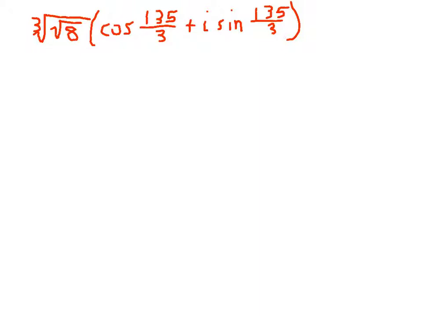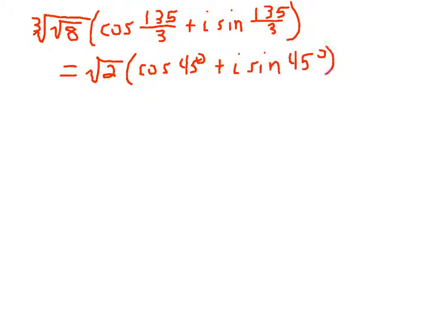I've substituted in values for n, r, theta, and k equal to 0 to start with. Now I need to simplify this. This is going to simplify to the square root of 2 times the cosine of 45 degrees plus I times the sine of 45 degrees. This is further going to simplify down.